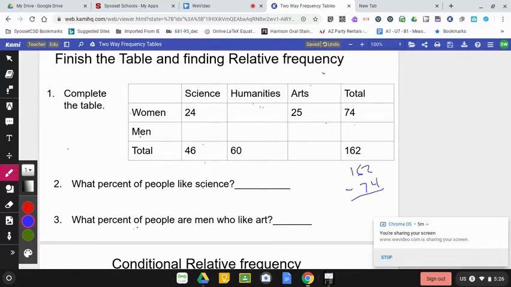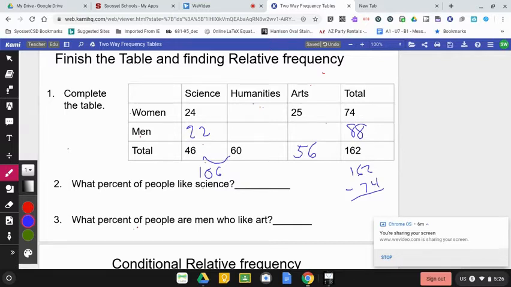And we get a total of 88 men. We already have the 74 female. If we subtract 162 minus the total that we have here of science and humanities, which is 106, so 162 minus 106, we get 56. And now we can just fill in the missing pieces. 46 minus 24, 22.